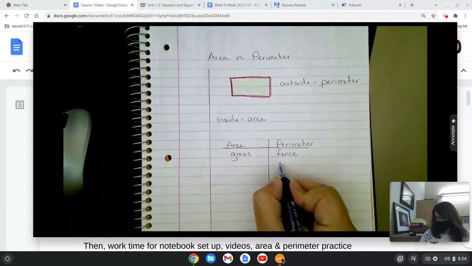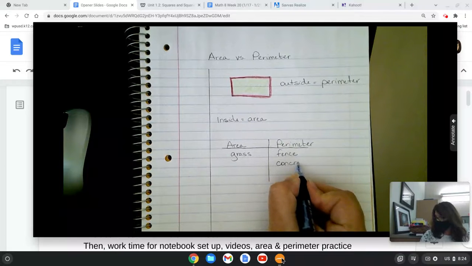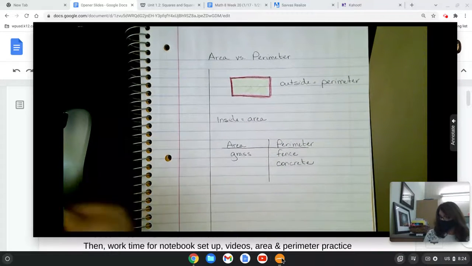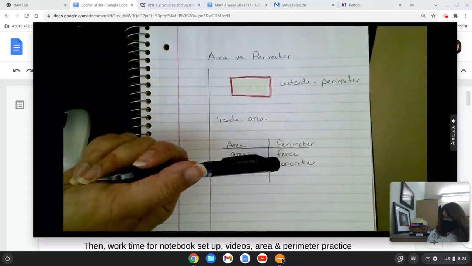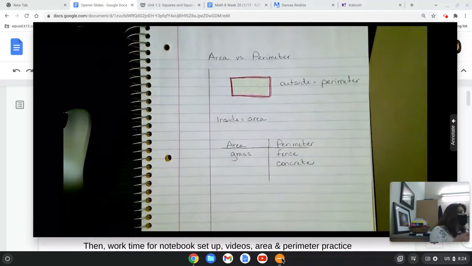If the outside was concrete, like somebody mentioned, what else could the inside be besides grass? Jacob? Well, the outside is concrete. It's the perimeter. What could the inside be?